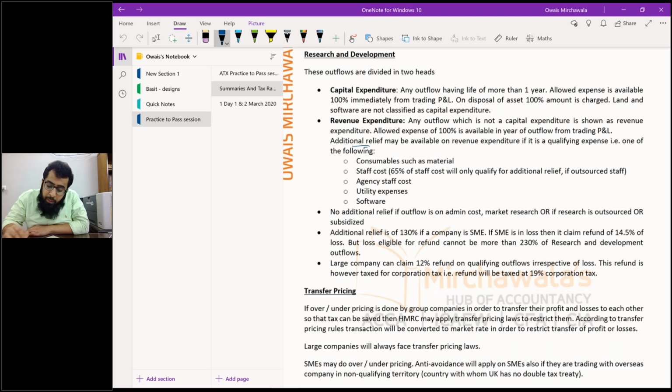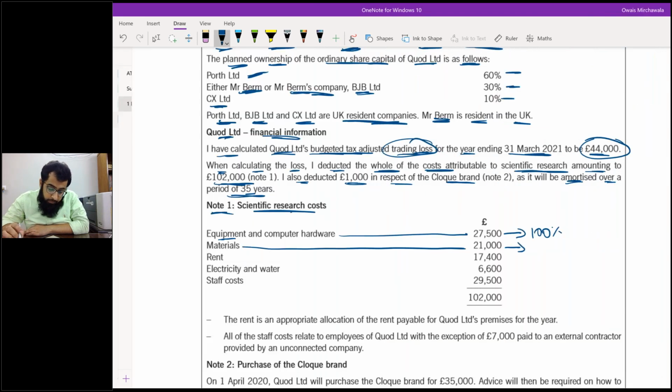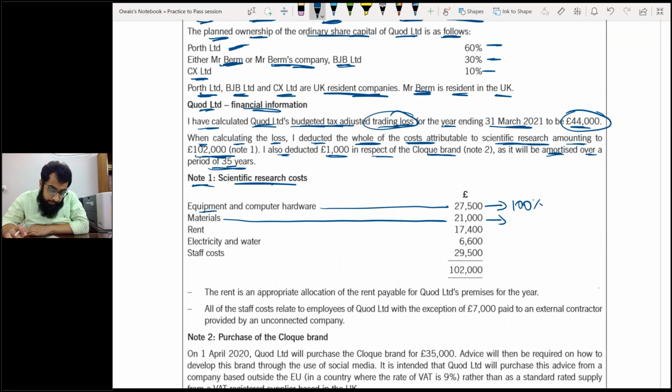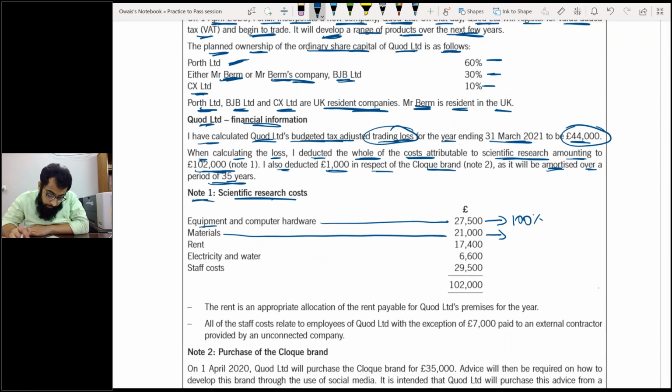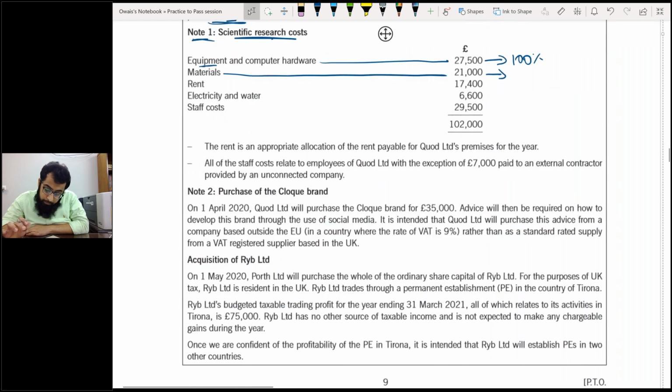Additional relief may be available on revenue expenses if they are qualifying expenses. Consumables such as material, staff cost, agency staff, utility expenses and software. Additional relief is 130% if a company is a small and medium enterprise. Now, if you go back and read the question, is there anything written about Quad Limited research and development status?